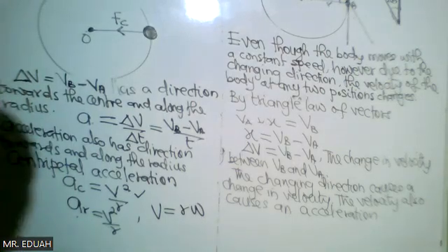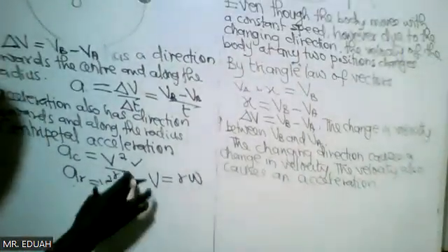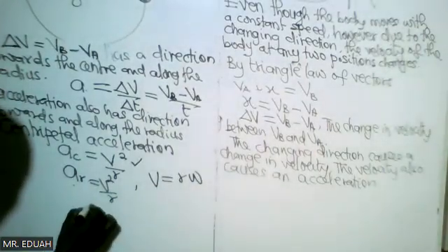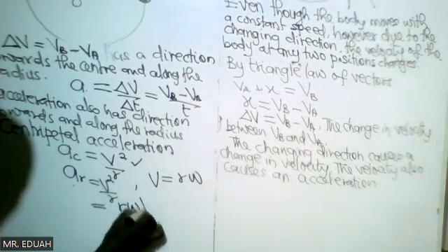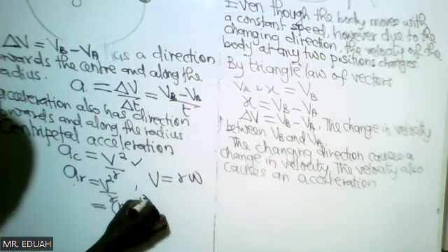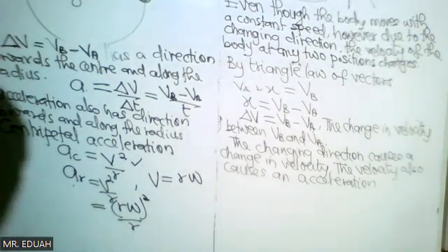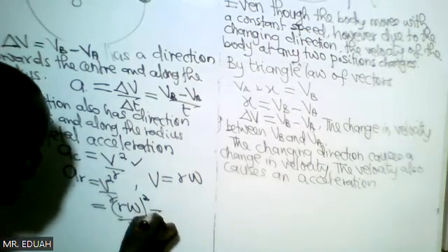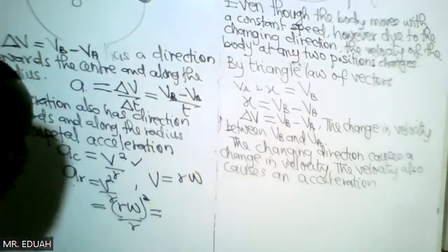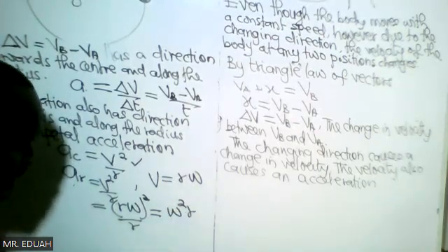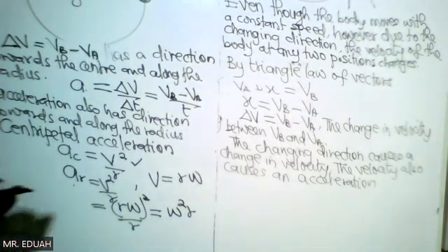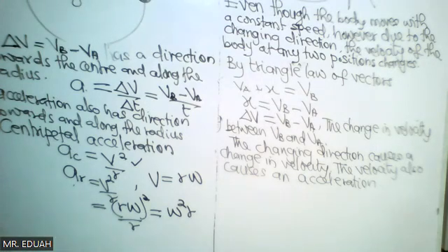And so we can substitute V and expand this: R omega all squared over R. And the centripetal or radial acceleration will be equal to omega squared R. Another formula for the centripetal or radial acceleration.